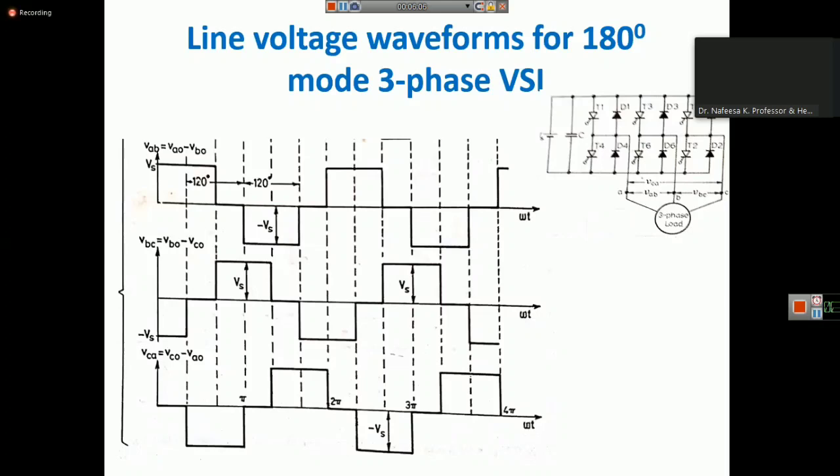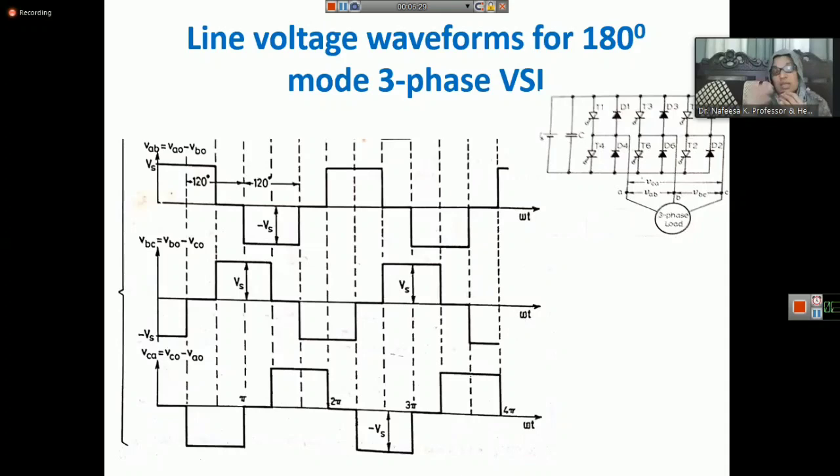Above the rated speed, we cannot vary the voltage above the rated value. So below the rated region, we will be keeping the V by F ratio constant. That means V by F is directly proportional to the flux.